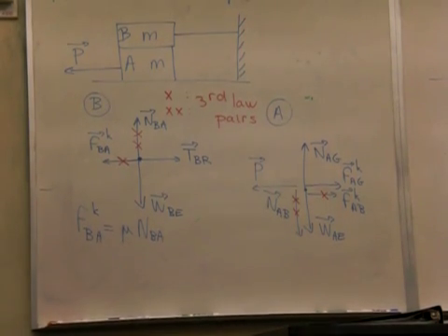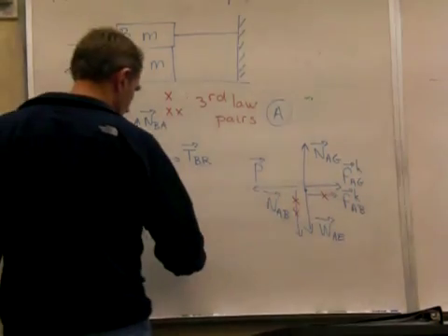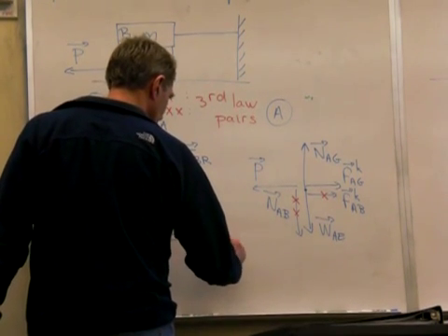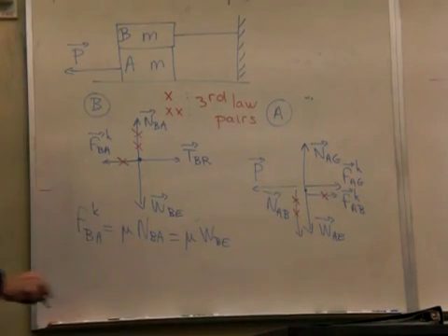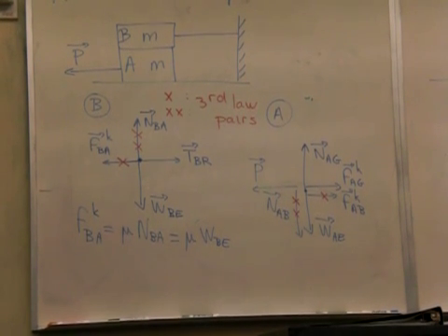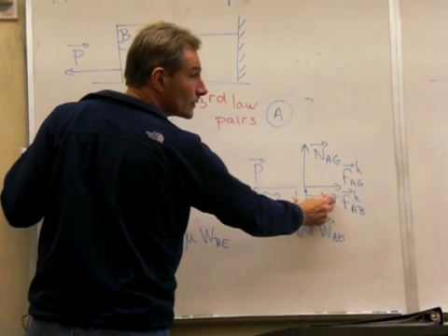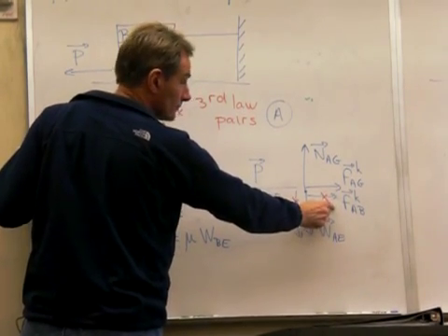And of course, it's going to be mu times W B, because the normal is equal to the weight. So that's very nice as a relationship because it gives us the value of that force. We know this one now.